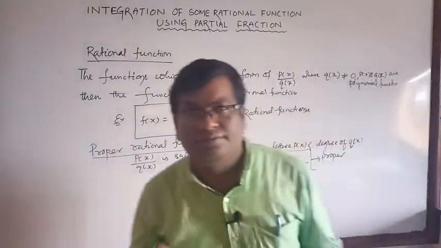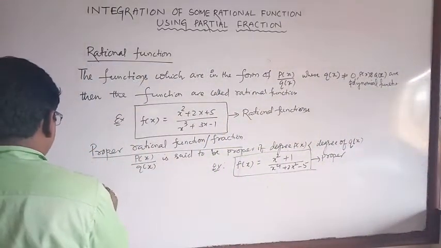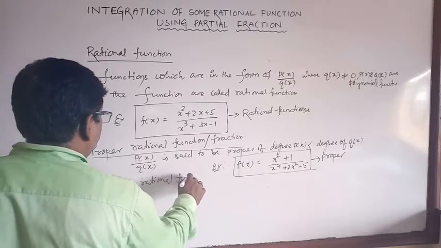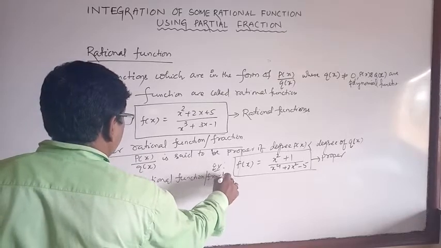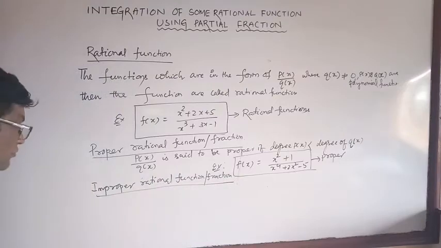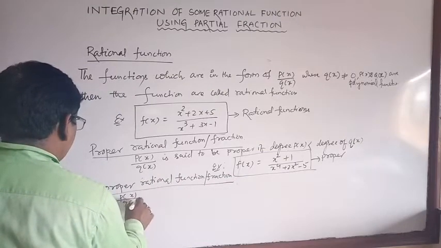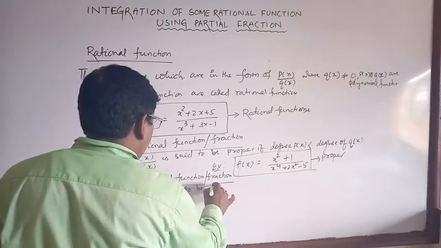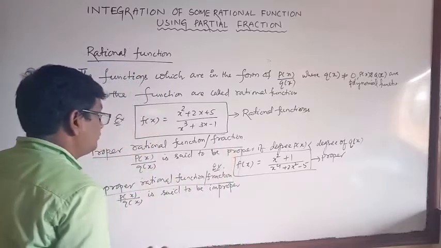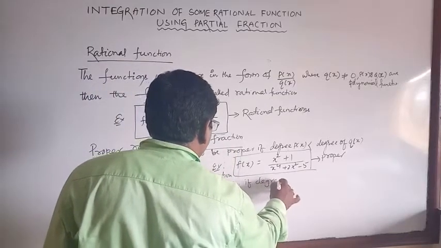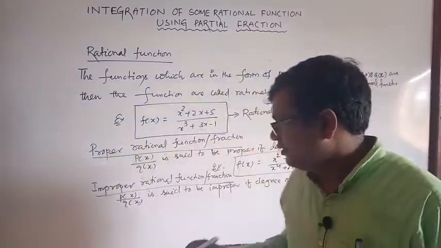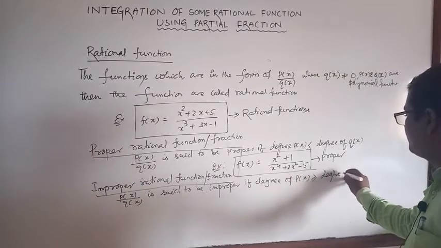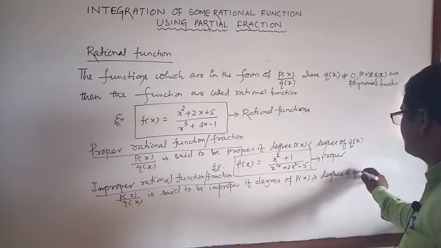Now what is an improper fraction? An improper rational function or fraction: p of x by q of x is said to be improper if degree of p of x is greater than or equal to degree of q of x.